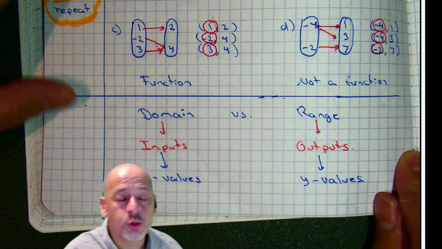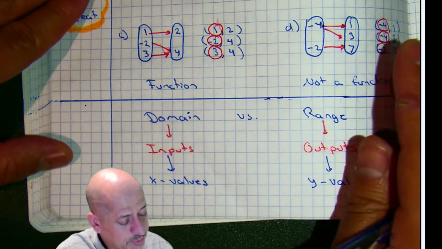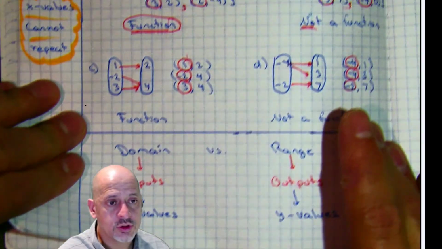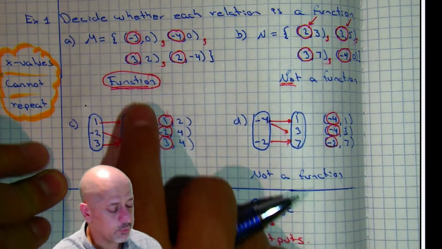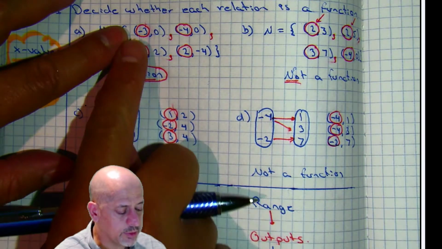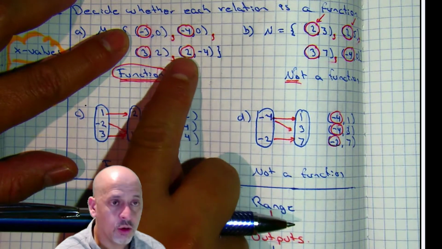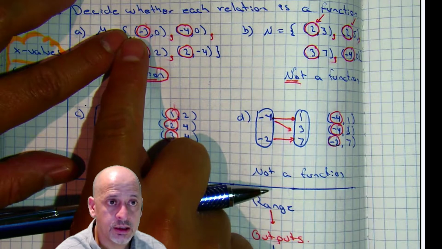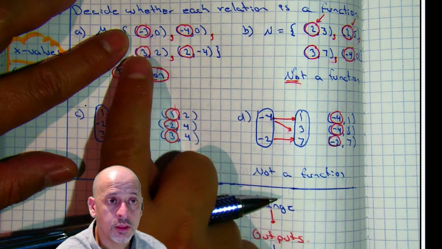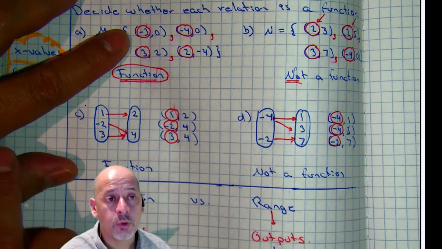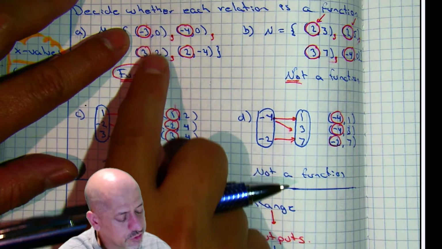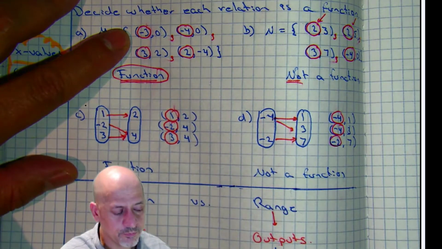And we're going to talk about your domain and range. So for example, if I was going to do this problem here, and I want to find my domain, it will be all the x's: -3, -4, 3, and 2. My range will be the y values: 0, 2, 0, -4.